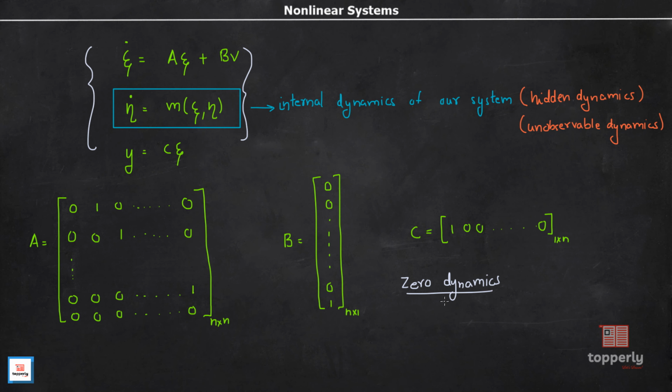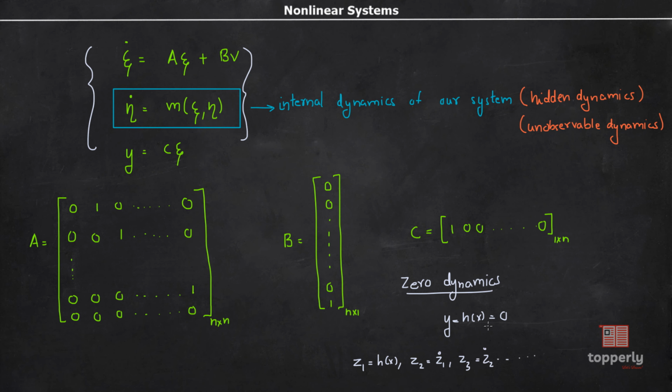I will repeat that again. By choosing an appropriate input, we maintain the output y at 0. This means that by providing some input, we maintain the output y is equal to h of x at 0. Note that we had defined z1 is equal to h of x, z2 is equal to z1 dot, z3 is equal to z2 dot, and so on.